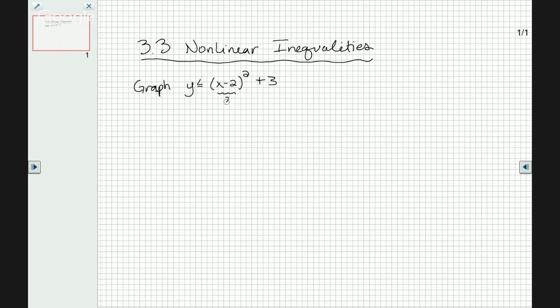Remember, this one, apart from the x, is the same: 3 up. But if you're hanging out with the x, it's opposite. Okay. So it's an x squared parent graph. 2 right, 3 up.